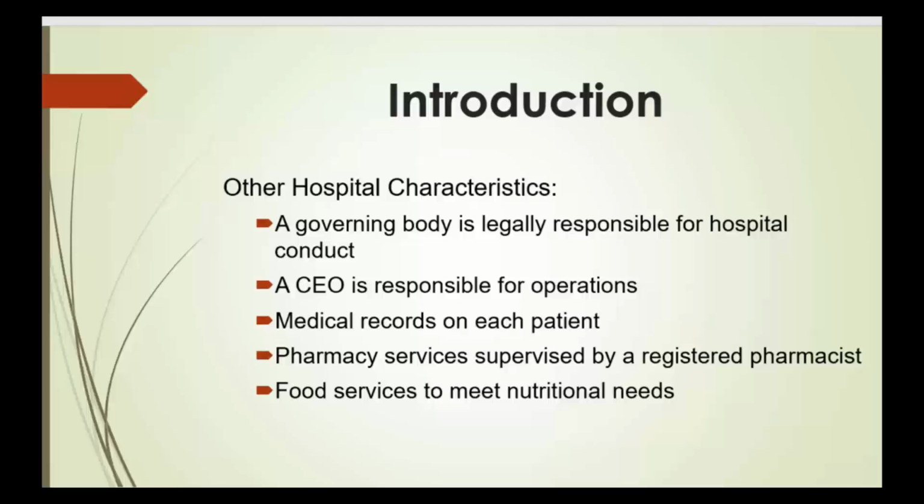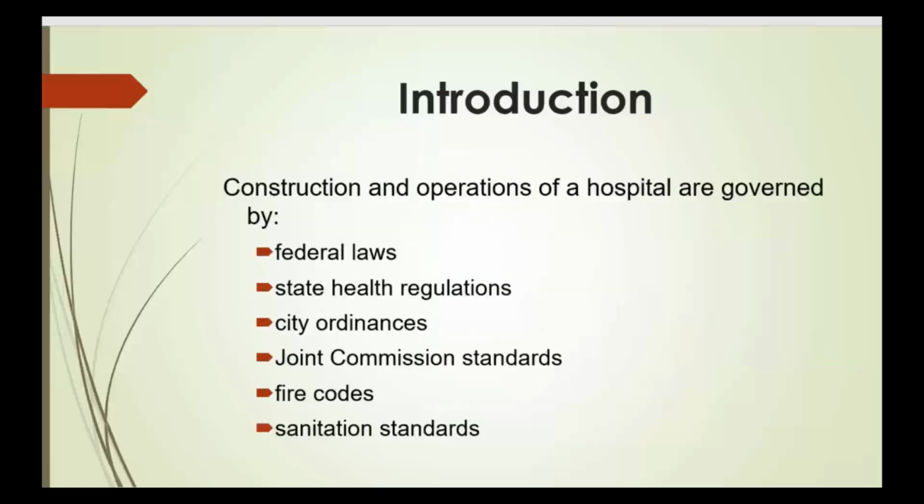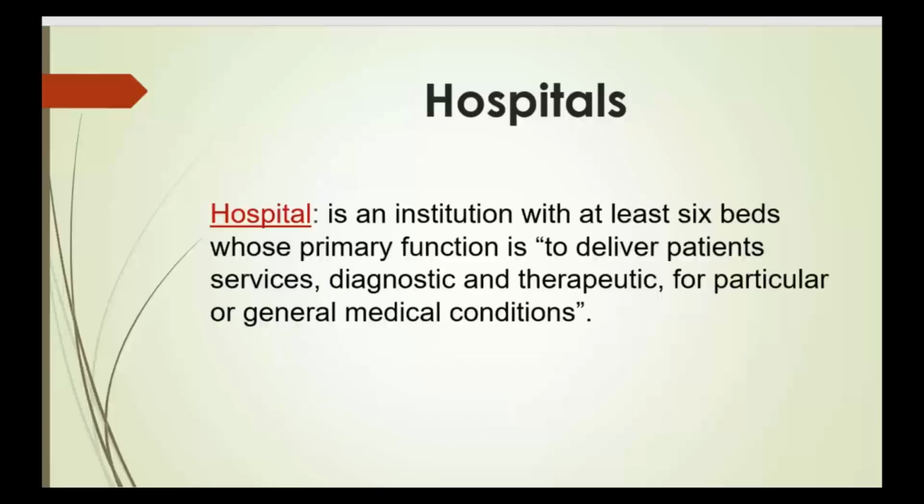We have the CEO, who is responsible for operations, medical records on each patient, pharmacy services that are supervised by a registered pharmacist, and food services to meet nutritional needs of the patients. Construction and operations of a hospital are governed by federal laws, state health regulations, city ordinances, Joint Commission standards, fire codes, and sanitation standards.